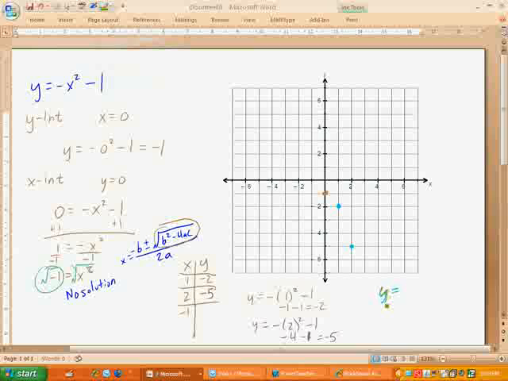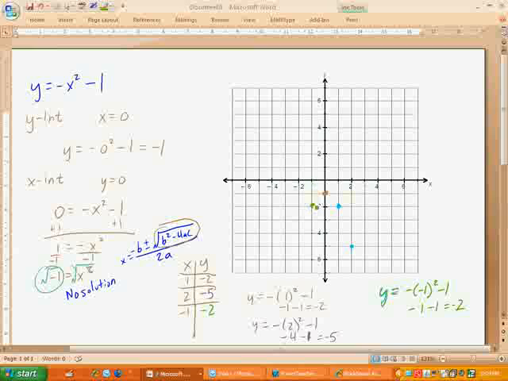So y equals negative 1 squared minus 1. So negative 1 squared will be 1. Make it negative. So negative 1 minus 1 will be negative 2. Right? So if I put in negative 1, I get negative 2 out. So negative 1, negative 2.